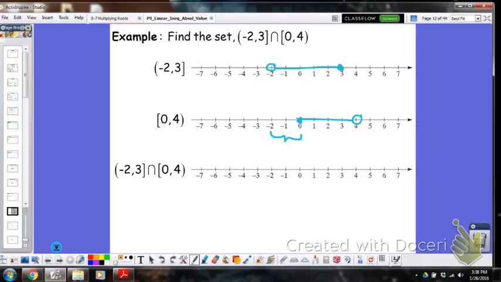So we're not going to include anything before 0. So 0 is going to be our lowest point because both graphs have to have those values. And then we can go all the way up to 3, and we have to stop because the first graph doesn't have the 3 to 4. So the overlapping is from 0 to 3. So the intersection of the two intervals is 0 to 3, including both.